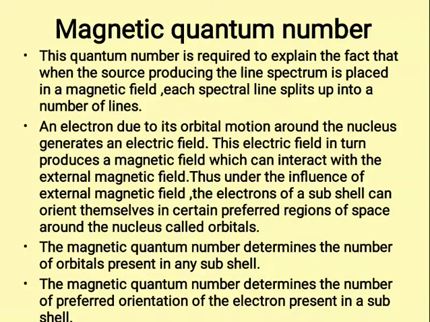So the magnetic quantum number tells us about the orientations, that is, about orbitals. The value of m tells us about the orbitals.